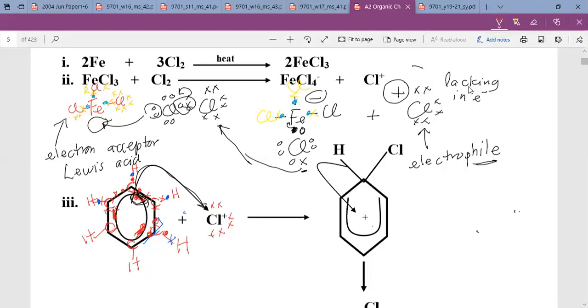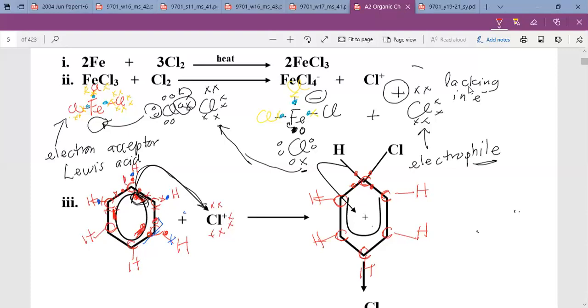If you draw the whole thing, this is the carbon here, carbon here, carbon, carbon, carbon, carbon. This is hydrogen, hydrogen, hydrogen. Now they will attack here. Originally it's dot, dot, dot, and all these dots belong to this first carbon, called carbon number 1.